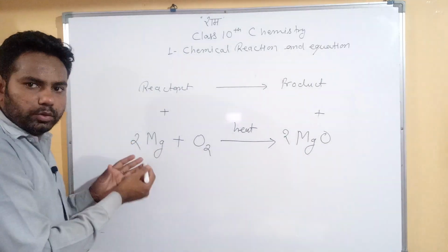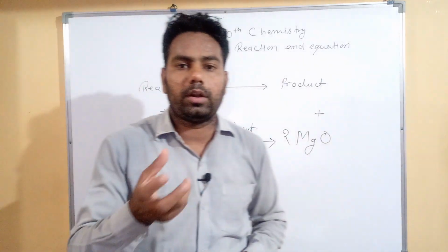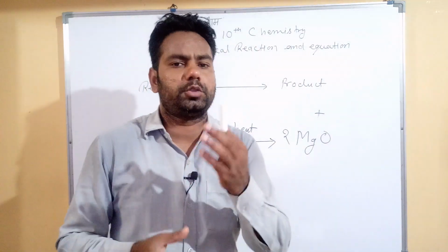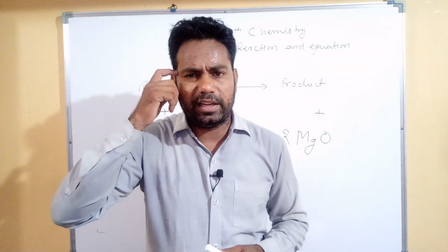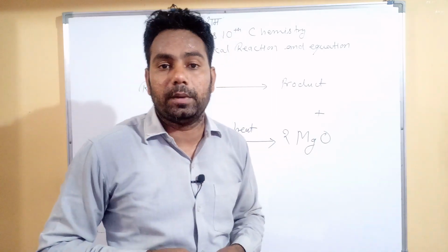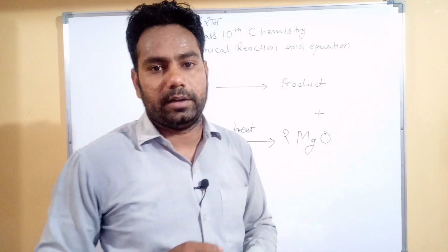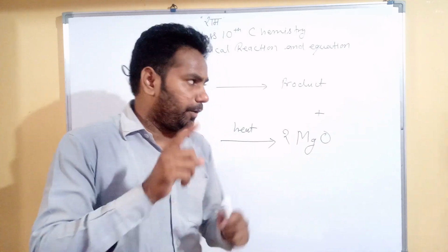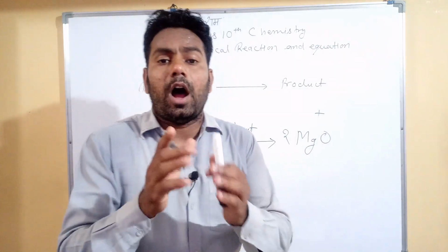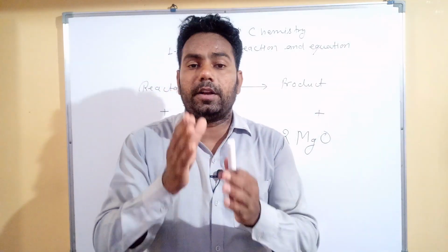So how do we write a chemical equation? Two reactants react with each other and form a product. How do we know which product is formed? Students are always confused: Sir, do we have to memorize all chemical reactions? It is not possible. So before starting chemical reactions, first we consider how to prepare a chemical formula.